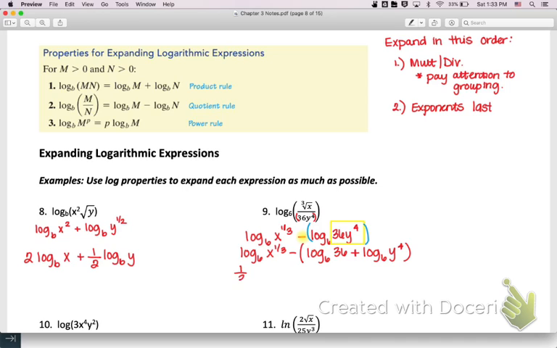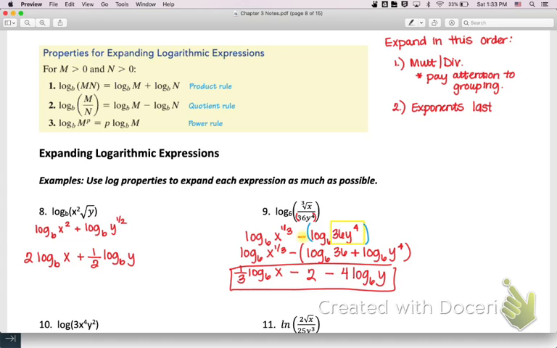So now this becomes 1/3 log base 6 of x minus, now here's where you have to be careful, the log base 6 of 36 is going to be 2 because 6 squared is 36. And then we have minus 4 log base 6 of y. So that is our most expanded and most simplified form.